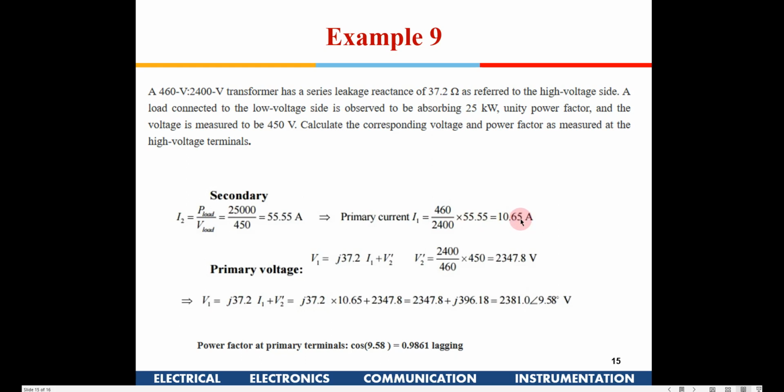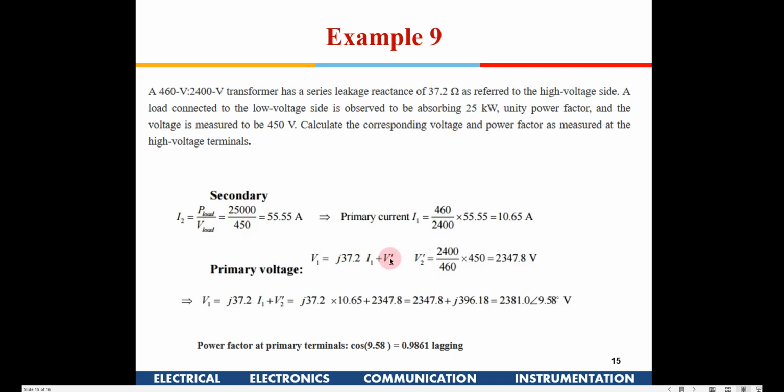Now the voltage will be because of two things. One, because of this current I1 flowing in the primary, and on the higher side this is the reactance which is available, plus V2 dash. V2 dash is the reflection of the secondary voltage into the primary, right.